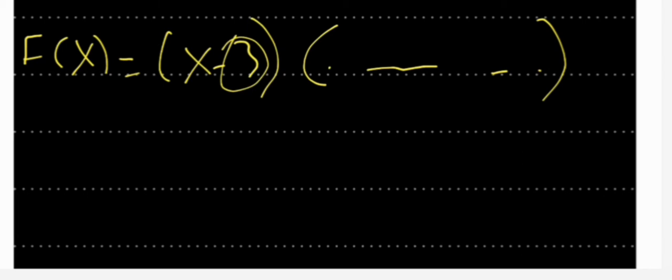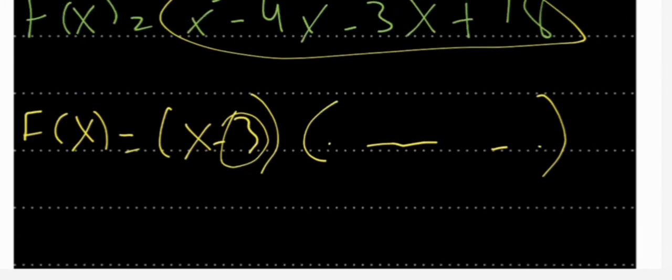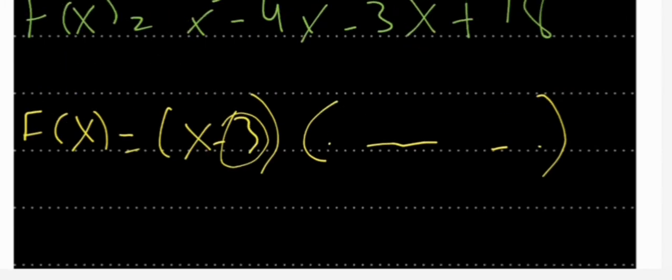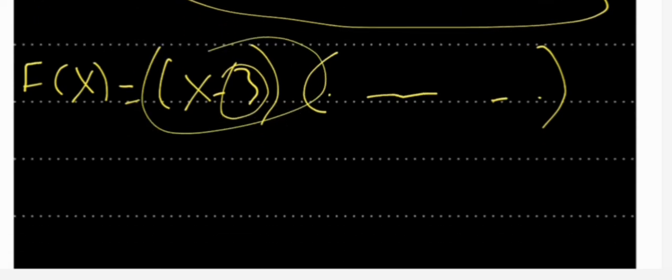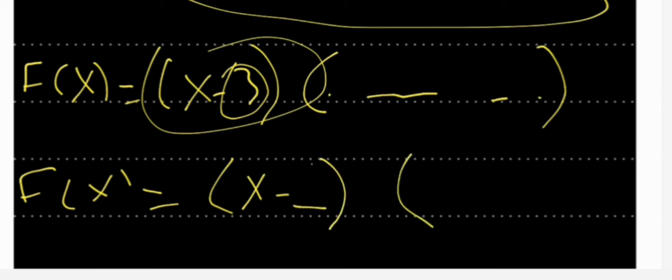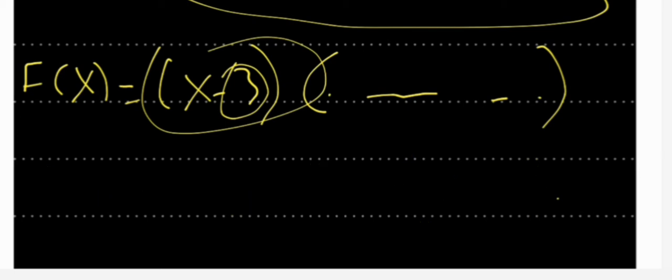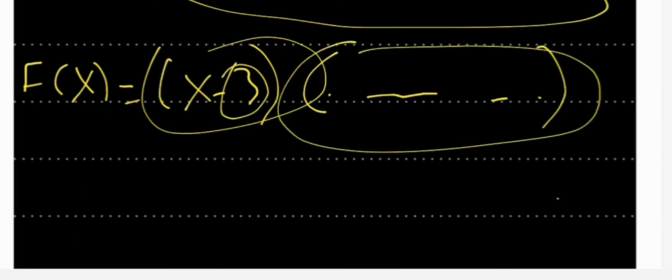What we are basically saying is that we are factoring this term into smaller terms. I know that x minus 3 is one part of the terms, because as I told you, we can always write the polynomial as x minus root, multiplied together. Now to find this other part, you can divide the polynomials.